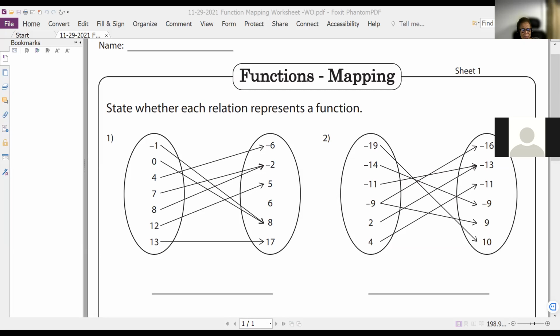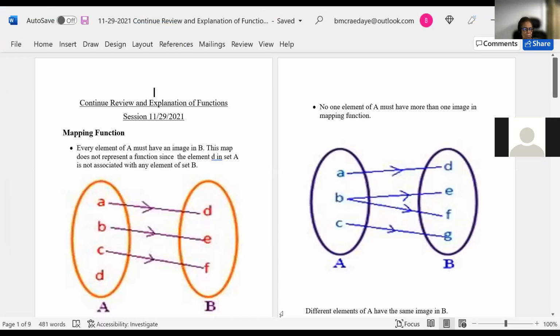That's it. It's 1 and 2. You don't see mapping function? Yeah, function mapping, yeah. Let me do a new share. You see it now? Yeah. Mapping function? Yeah, I see it now. Okay, I didn't see that before. Oh, okay, I did a new share. Maybe I wasn't sharing my screen.